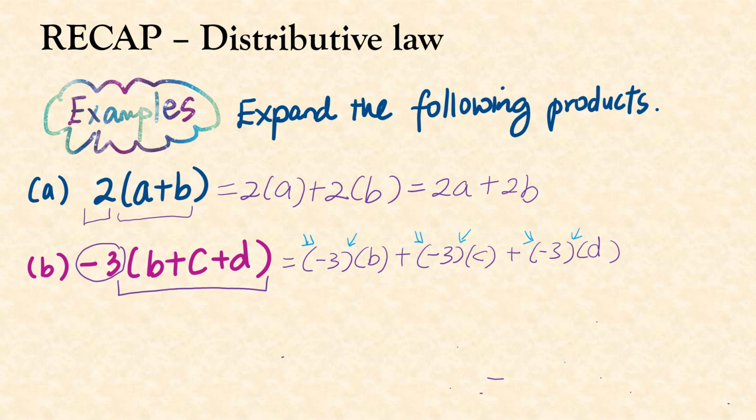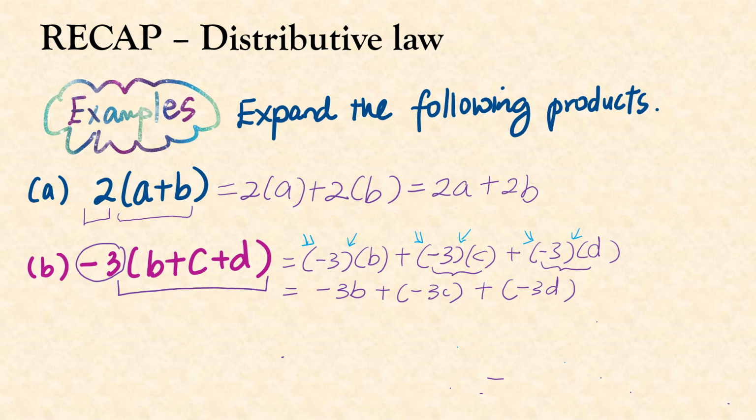Let's continue. Negative 3 multiplied by B gives you negative 3B, which is quite alright. Plus, negative 3 times C will give you negative 3C, followed by a plus. And negative 3 times D will give you negative 3D.